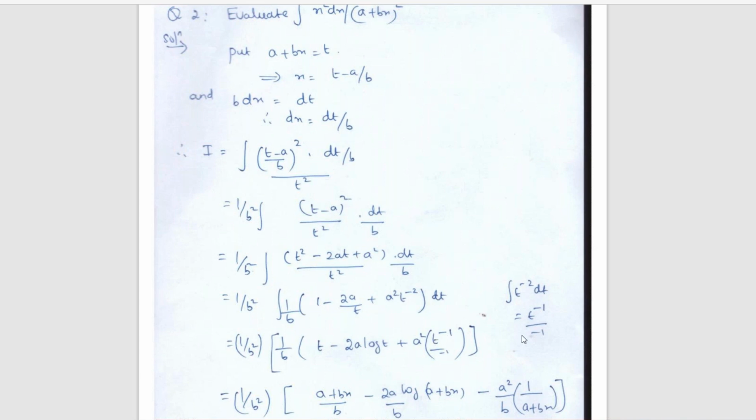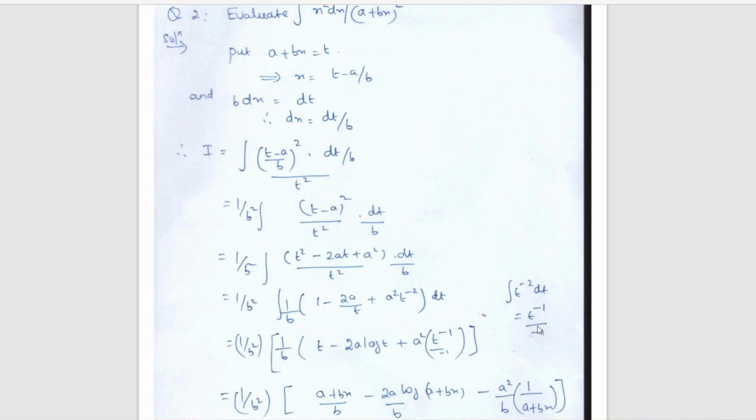What is the formula I have applied here? Integral x to the power n dx. What is integral x power n dx? X to the power n plus 1 by n plus 1. Yes, very good. Provided n is greater than 0, n must be greater than 0.